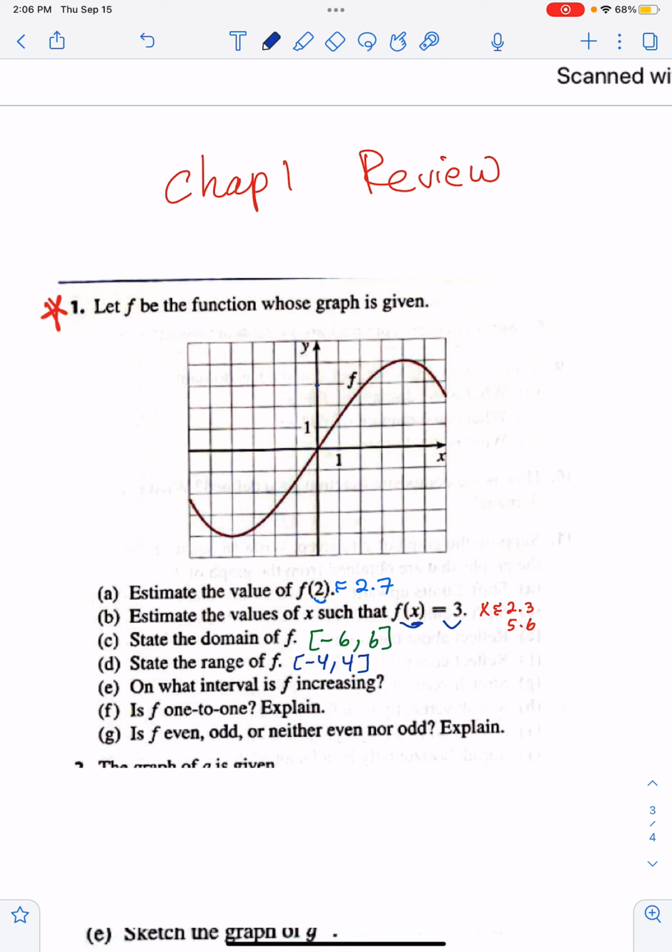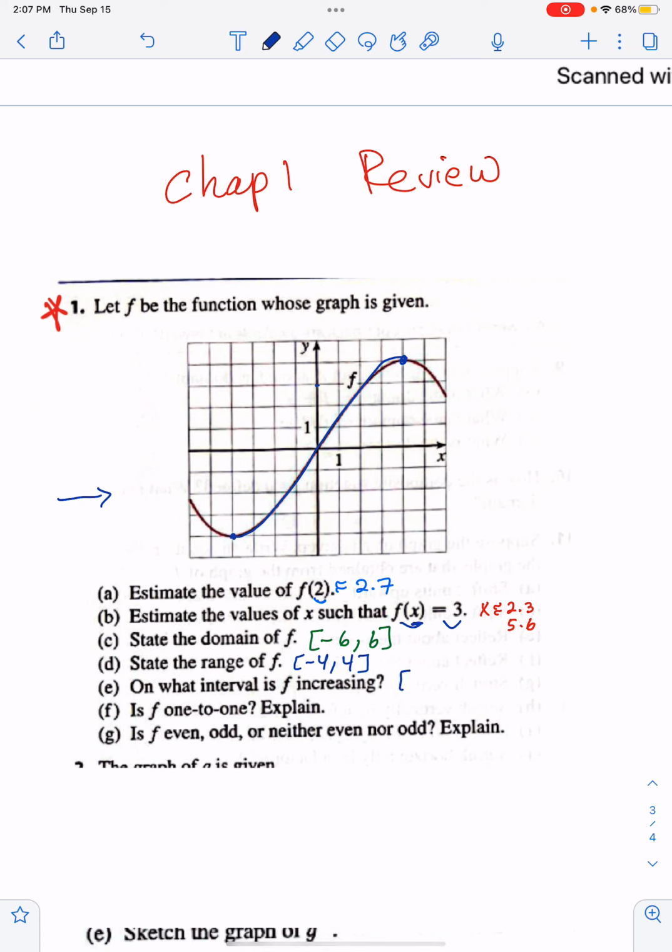Okay. On what interval is f increasing? Increasing means as you are moving from left to right, your graph is going up. So when you move from left to right, your graph is going up from here all the way up here. For increasing and decreasing, you may use an open interval or a closed interval.